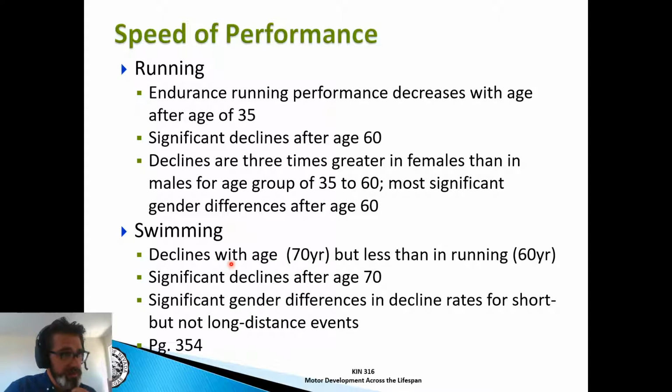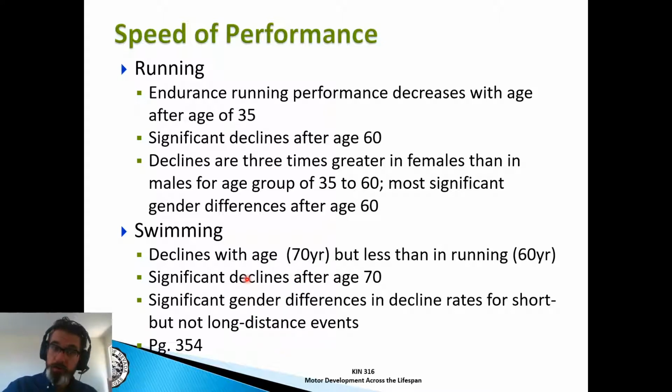And swimming declines with age at 70 years, but less than in running. Okay, so swimming generally seems to be a little bit more friendly than running on the joints of an older adult. Being in water has a certain anti-gravity component to it that relieves pressure on a joint that may be experienced when you're running, which is in gravity.